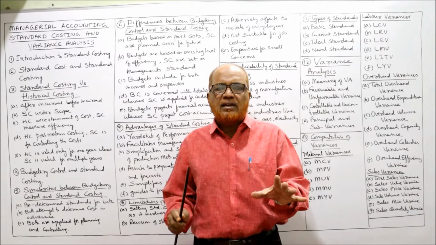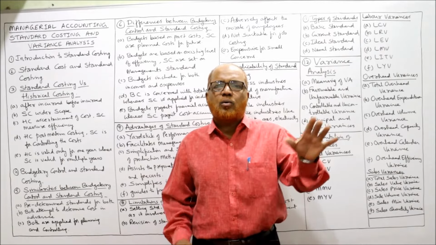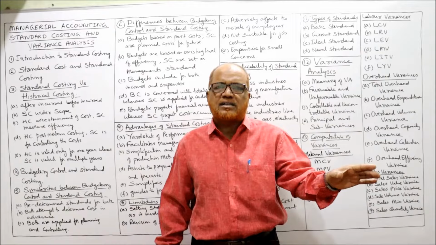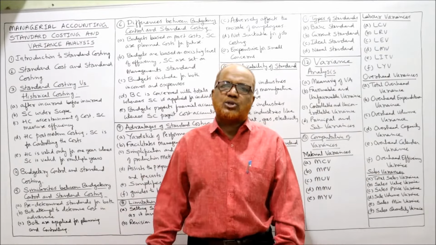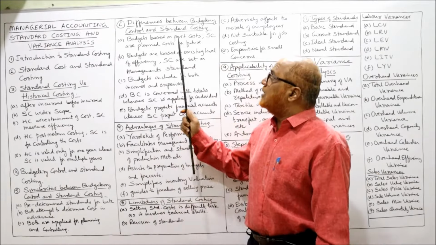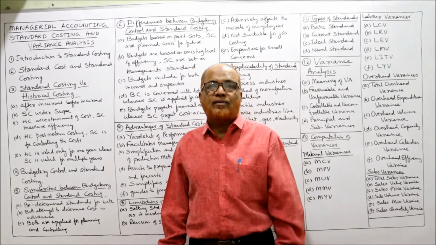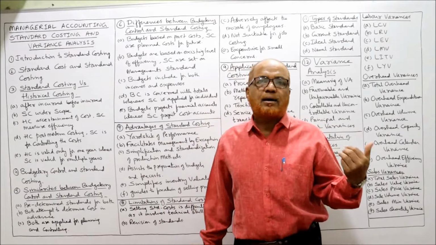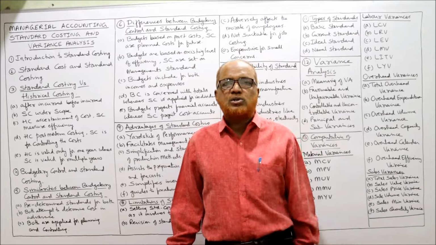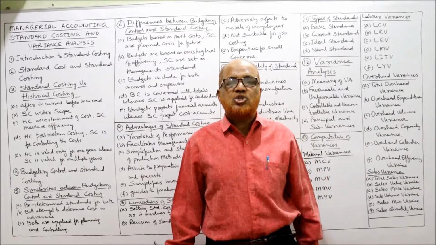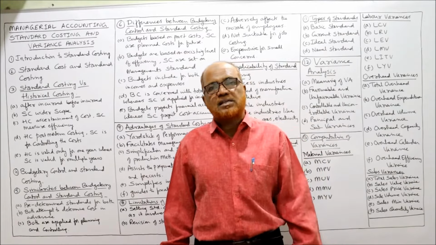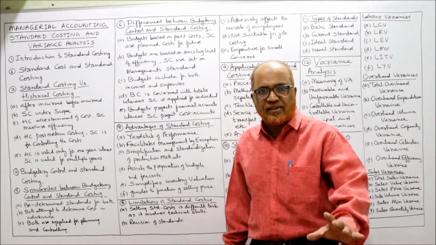Simply budgets are very easy to prepare because we are only taking the past data and making the future projections. But standard costing, or planned cost for future, will not only take the past experience, but also we expect what are the changes that are going to take place in future. That is the first difference.